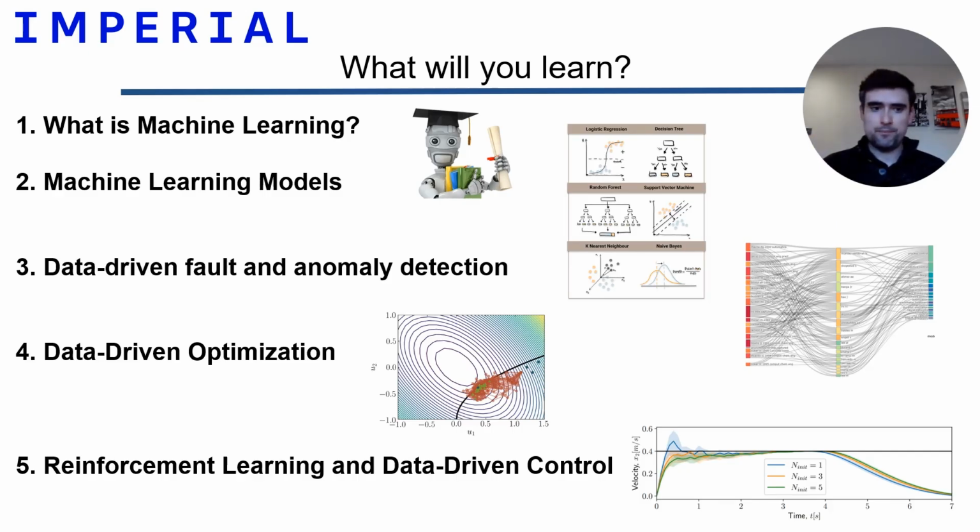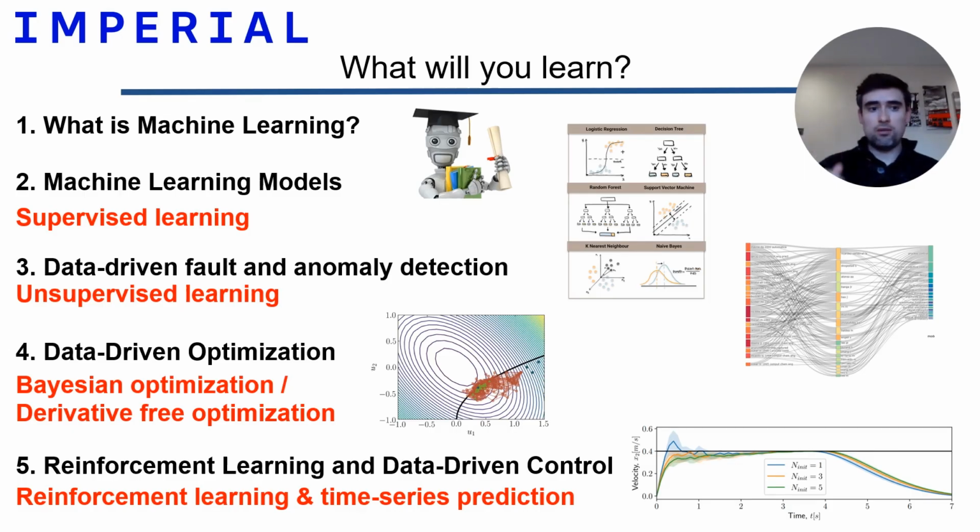kind of thing. Now, this overlaps very nicely with how machine learning courses are laid out. So we have supervised learning, which is basically how you build machine learning models from data. Then we have unsupervised learning, which is how you allow patterns to be discovered and how this can be used for fault detection and anomaly detection.